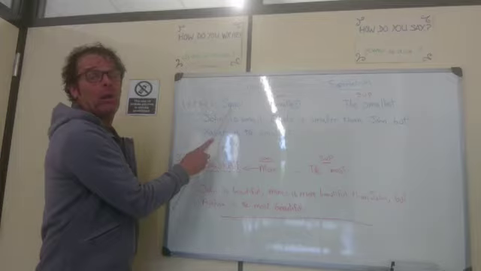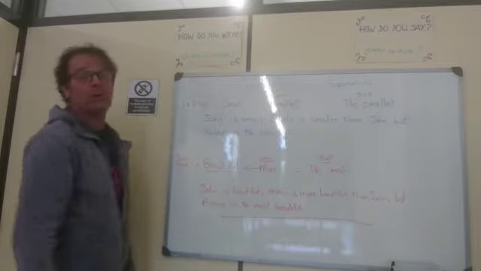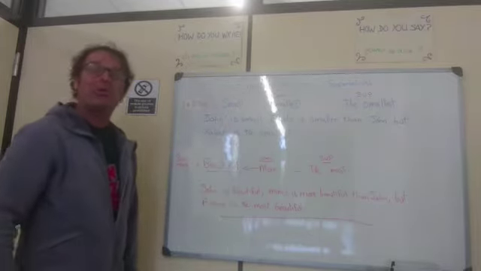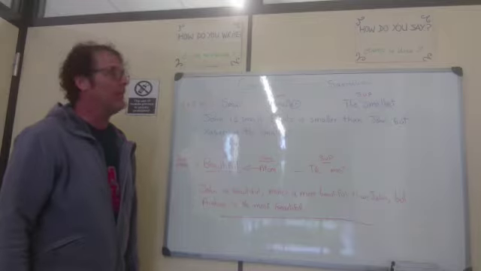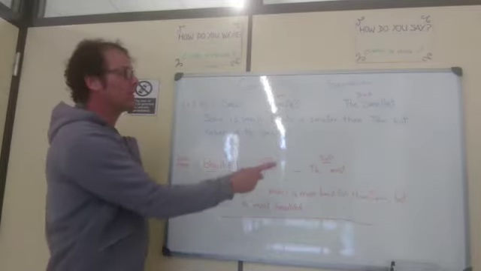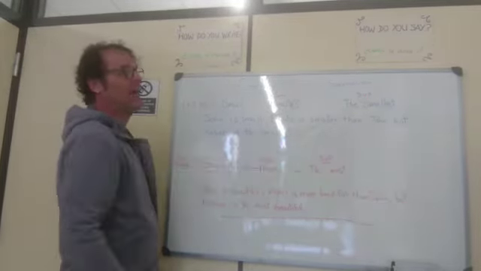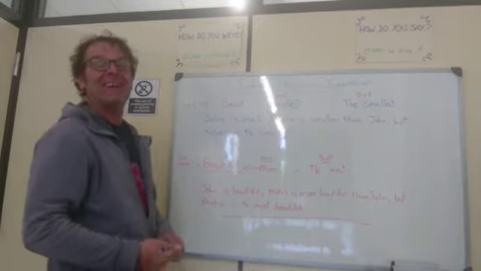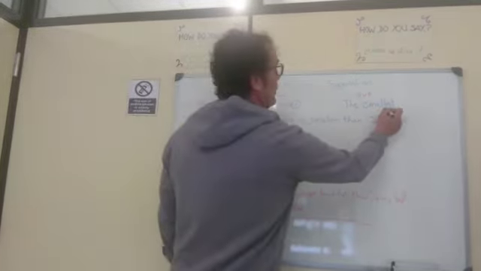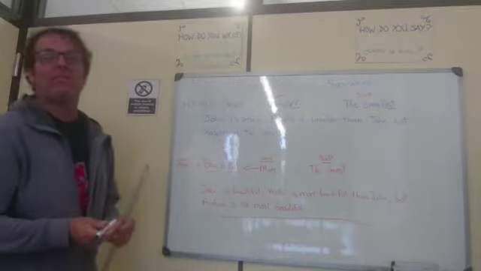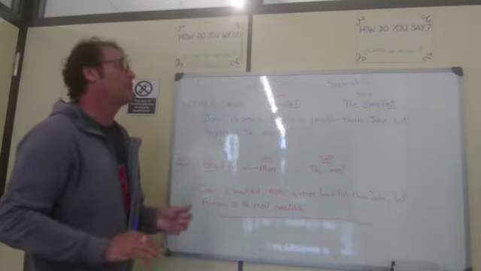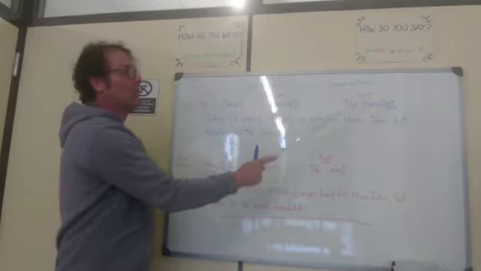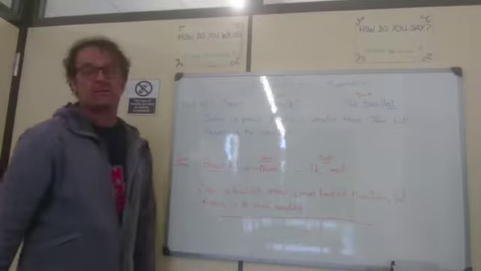So small becomes smaller, okay? When we create the superlative, we use the article, which is the, and we use EST with the adjective, which creates the superlative, the smallest.